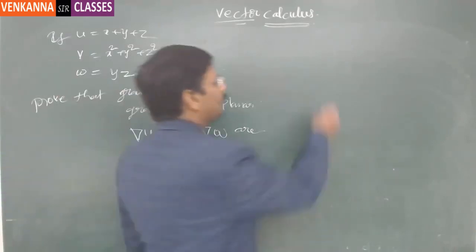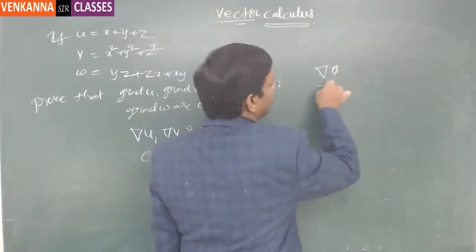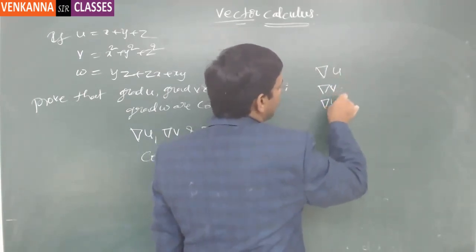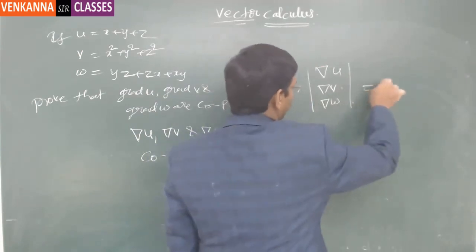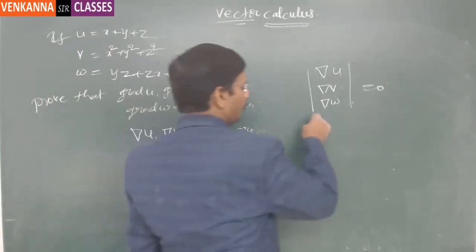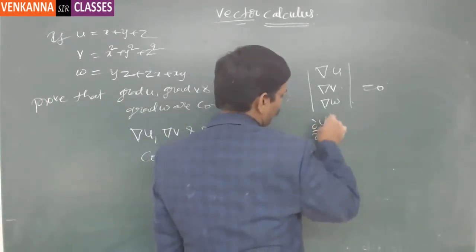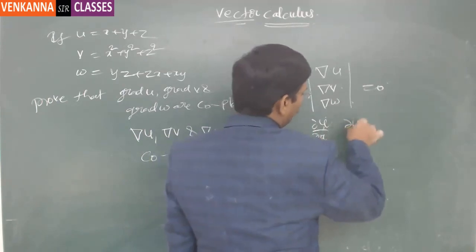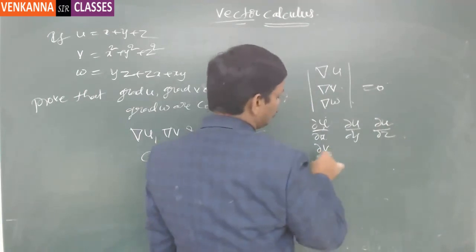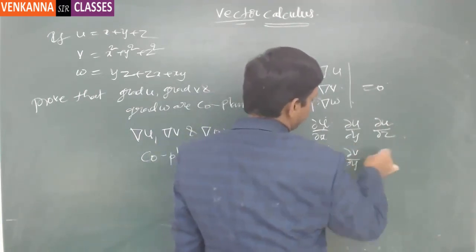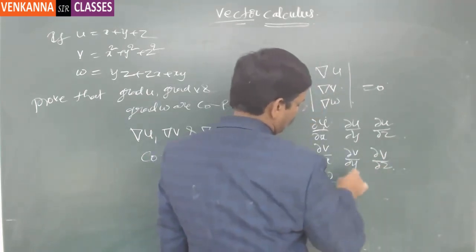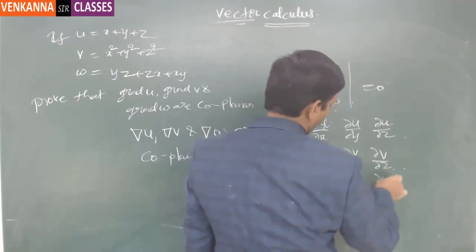That means the determinant of dou u by dou x, dou u by dou y, dou u by dou z, dou v by dou x, dou v by dou y, dou v by dou z, dou w by dou x, dou w by dou y, dou w by dou z has to vanish.